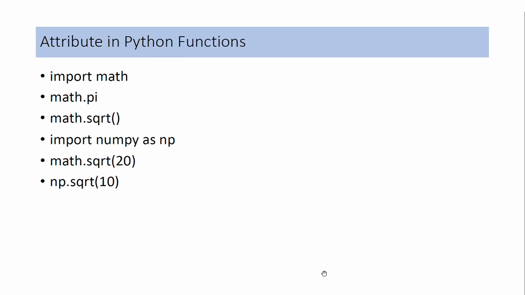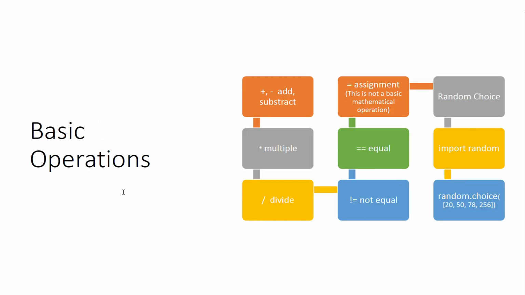value. So an attribute in a Python function is, for example, import math, math dot pi, or math dot sqrt with open and close parentheses. Import numpy as np, math dot sqrt of 20 or np dot sqrt of 10. Basic operations are like add, subtract, multiply, divide; exclamation mark equals is not equal to, and double equal signs is equal to.